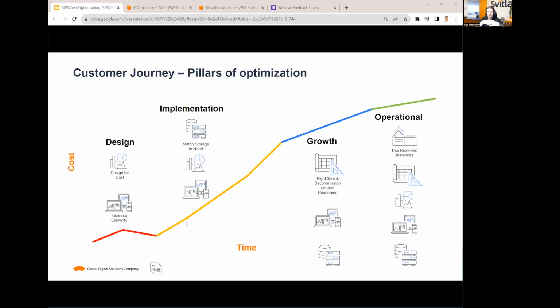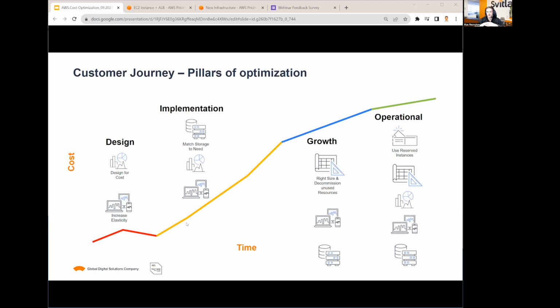Then at the next stage, where we implement our architecture, deploy application, already have some users, implement workloads, we need to take a look at storage, try to understand what we need, play with different settings, sizes, and so on.